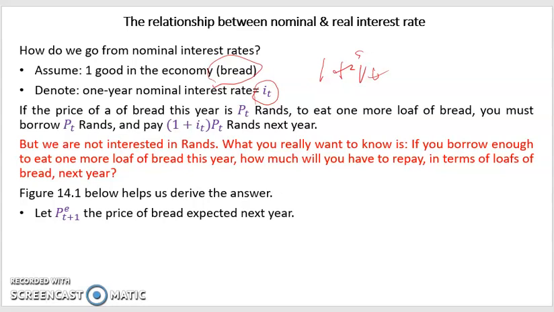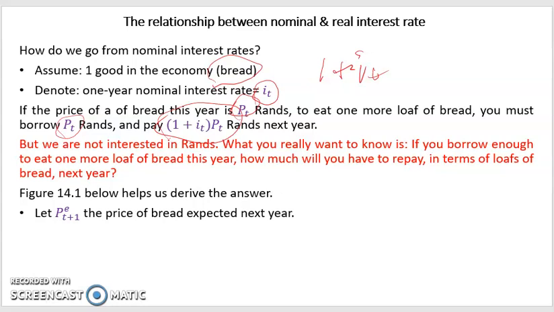For instance, if the price of a loaf of bread this year is P_t rand, to eat 1 more loaf of bread, you must borrow P_t rand and pay 1 plus the interest rate times P_t rand next year. But we are not really interested in rand. What we want to know exactly is how much you will have to pay in terms of loaves of bread next year.